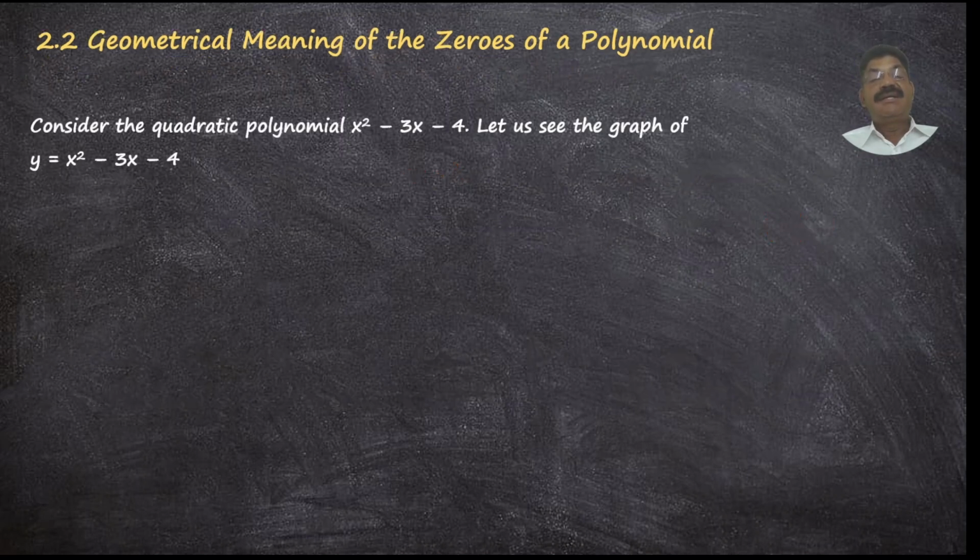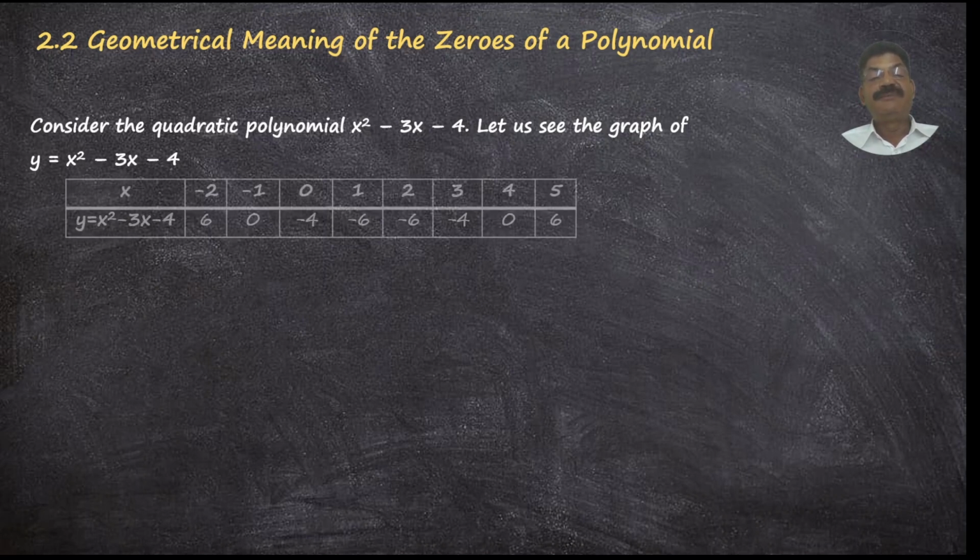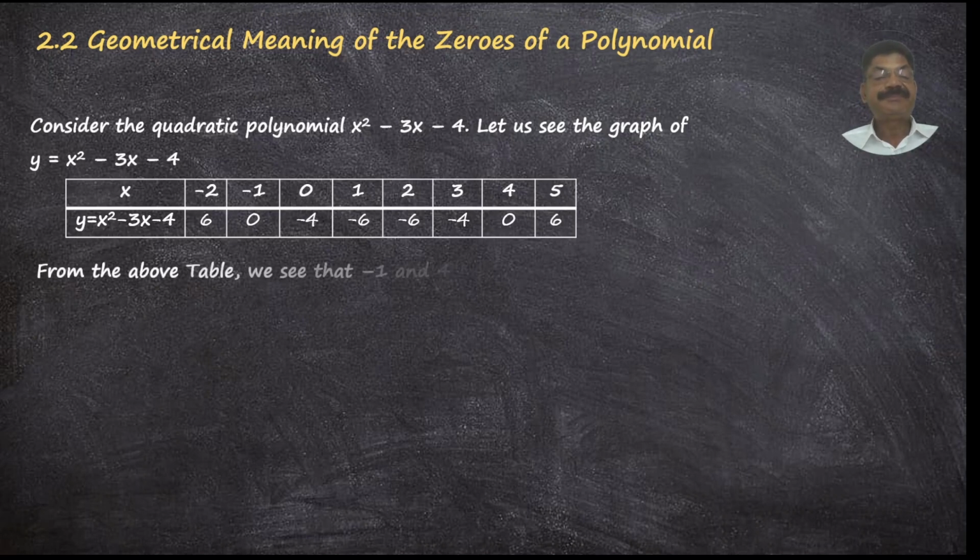Now let us consider a quadratic polynomial, x square minus 3x minus 4. To draw the graph, we take y is equal to x square minus 3x minus 4. Let us find some points on the graph. To obtain the points, I substitute x is equal to minus 2, then I get y as 6; x is equal to minus 1, y equal to 0; x is equal to 0, y equal to minus 4, and so on.